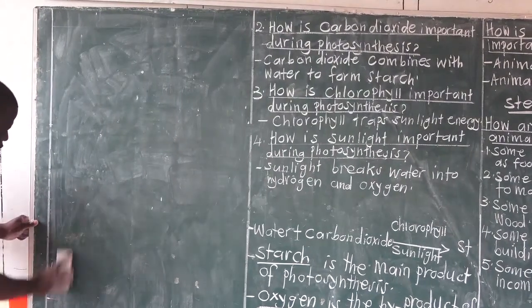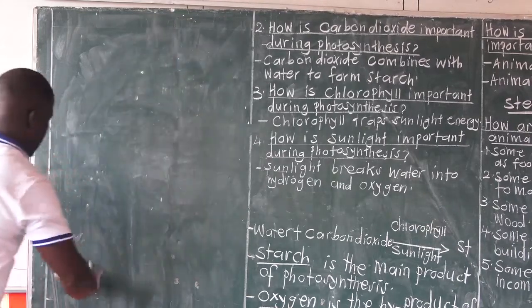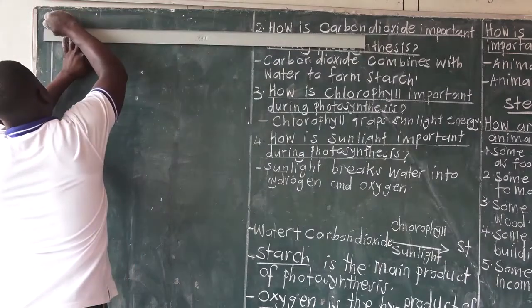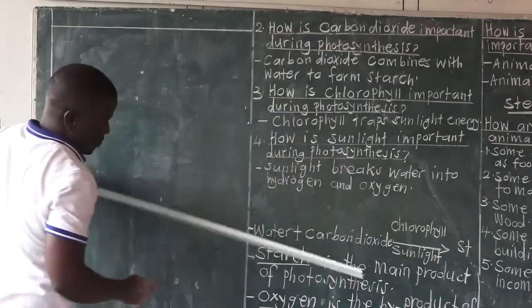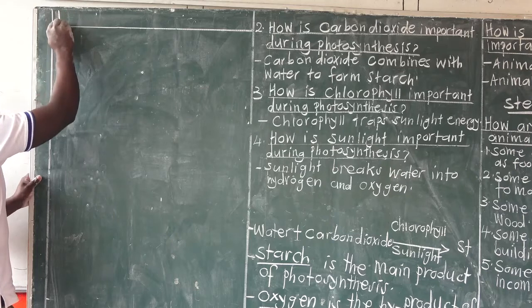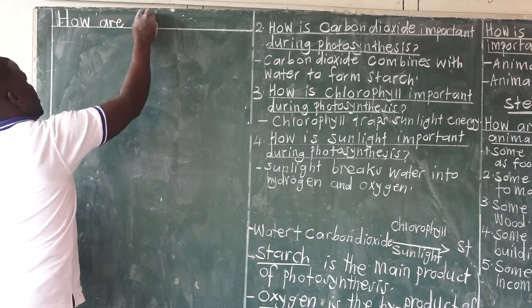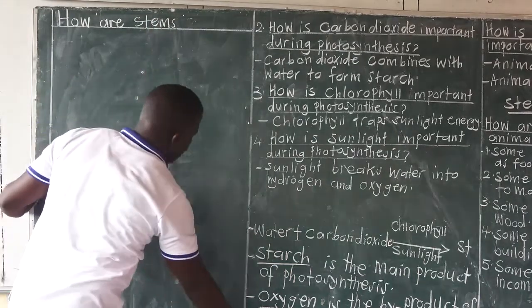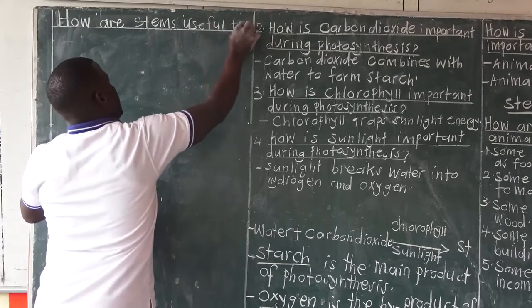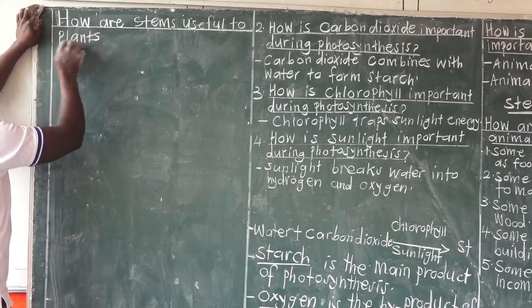We looked at how stems are important to people and animals, so we want to see how stems are useful to plants.